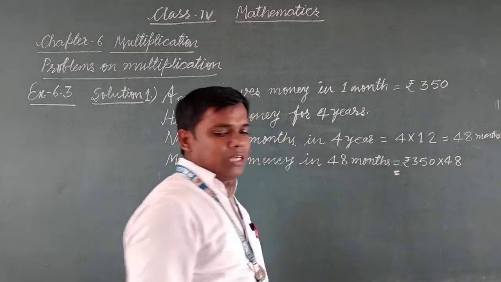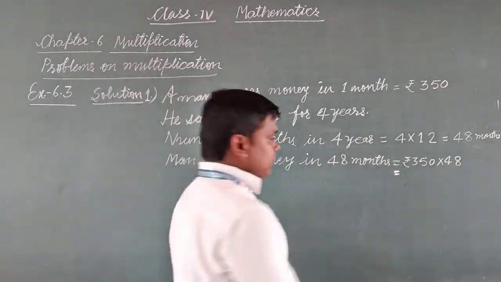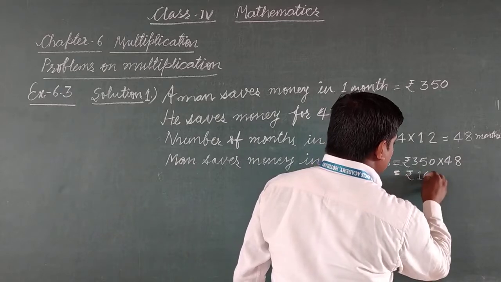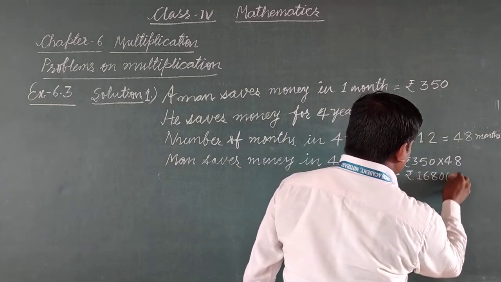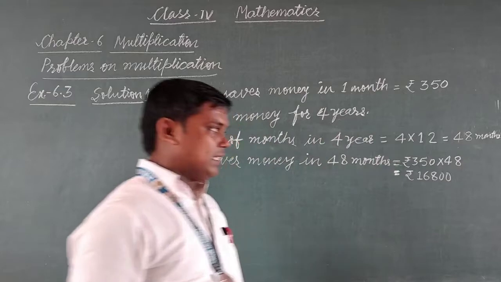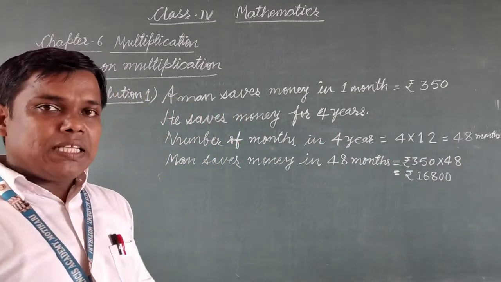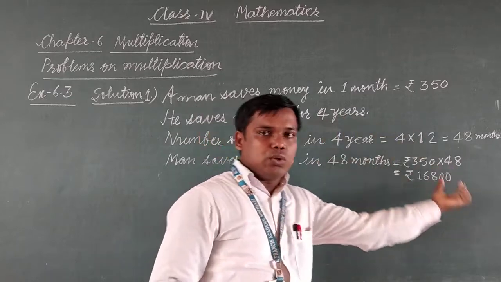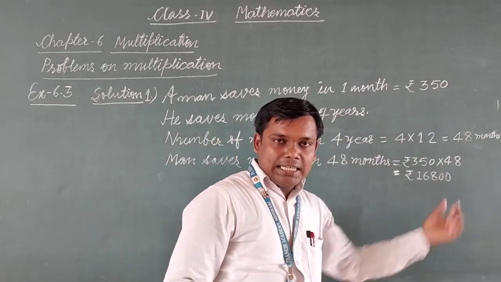Now when you multiply it, you will get 16,800 rupees. Means the money saved by the man in 4 years is equal to 16,800.